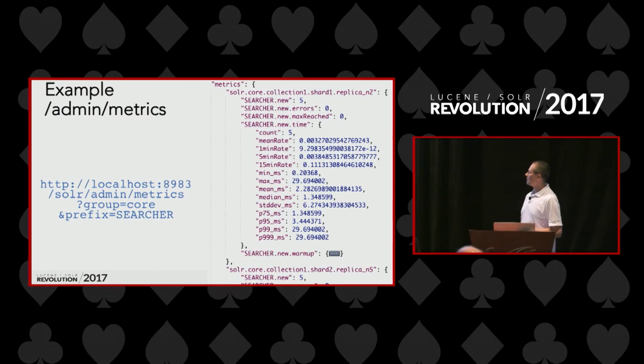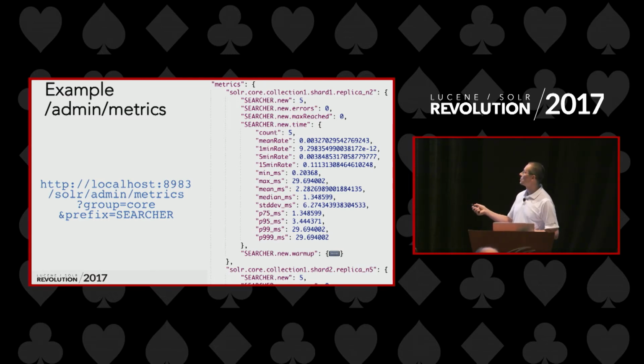How does it look in practice? Well, here's the request that I made to Solr admin metrics. And I selected group core, which represents all Solr cores actually present in this Solr instance. And I wanted to retrieve metrics that start with the searcher prefix. And you can see that the response I got is, well, in this case, I had two Solr cores.